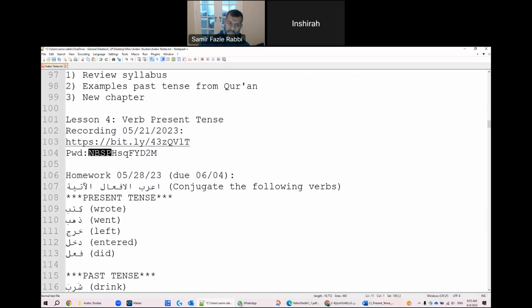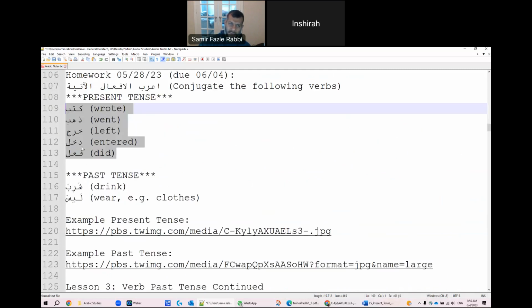Here, I gave the past tenses of these verbs. Maybe next time I'll write the first one in present tense with the tashkil. That would have solved it. Then you would have known aktubu, adhabu, akhruju, adkhulu, af'alu. That's the way it has to be memorized on any word in Arabic.